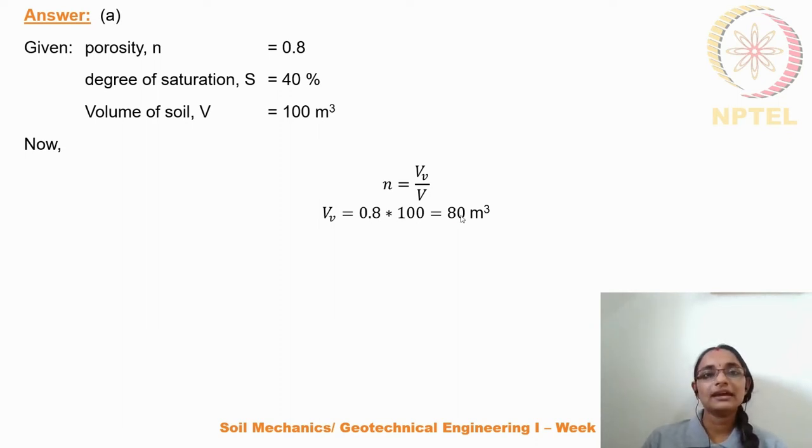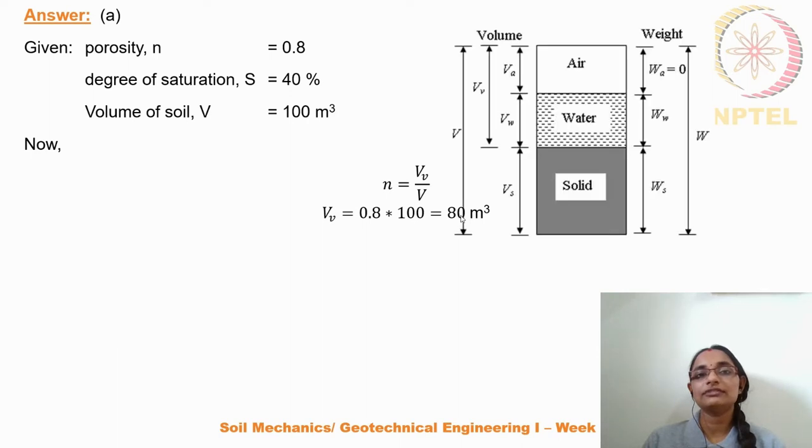Now, if we consider a three-phase diagram of the soil sample, with voids that are partially filled with air and partially with water, we can say that the total volume is composed of volume of voids and volume of solids.